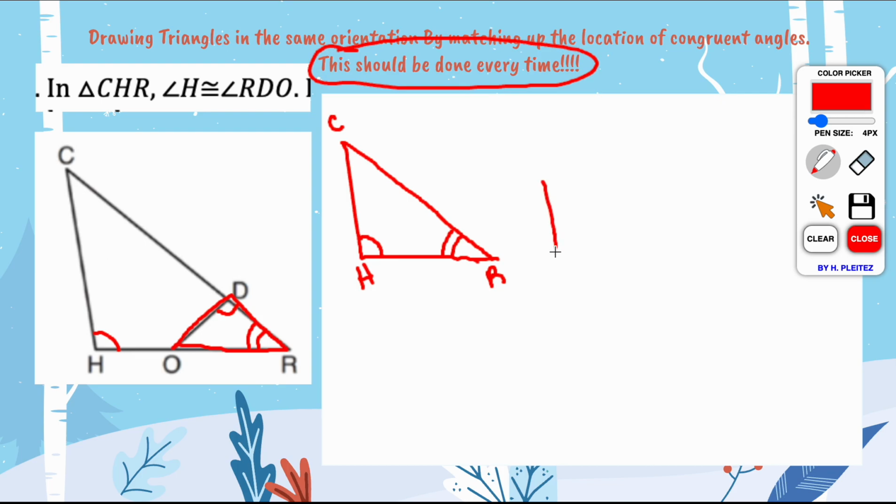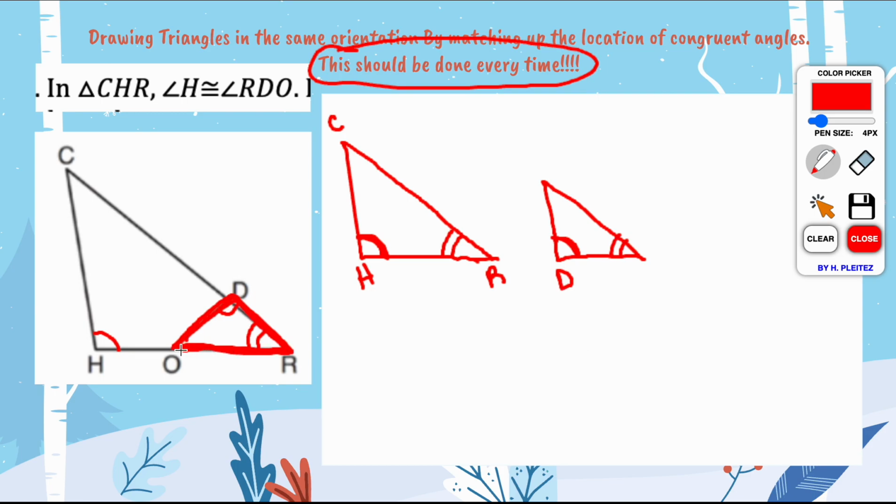Now in my second triangle, I know that it's smaller. This is where we're matching up our congruent angles. So for example, my single arc is in the bottom left of my triangle, so I'm going to want my single arc to be here as well. Now in my smaller triangle, triangle ODR, that singular arc is angle D. Now my double arc, I want on the bottom right here.